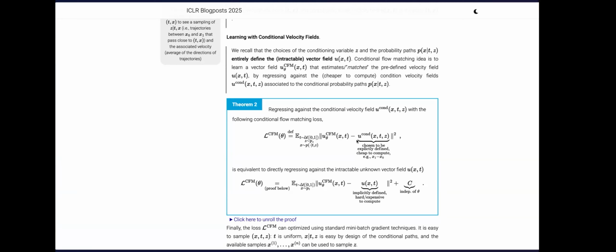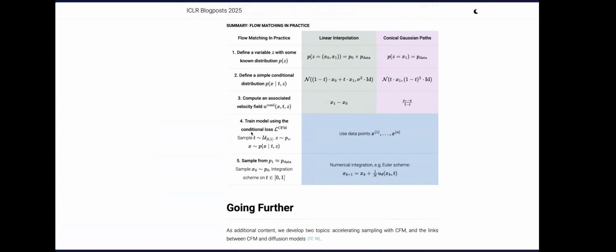All right. So that's the process of training. We use these data points, we create reference regression data for the velocity field, and we use a neural network to match that velocity field over and over for different draws of time, x0, and different draws of x1.